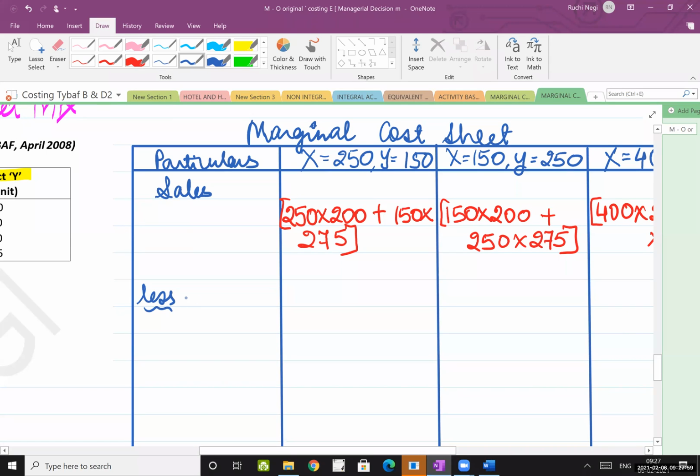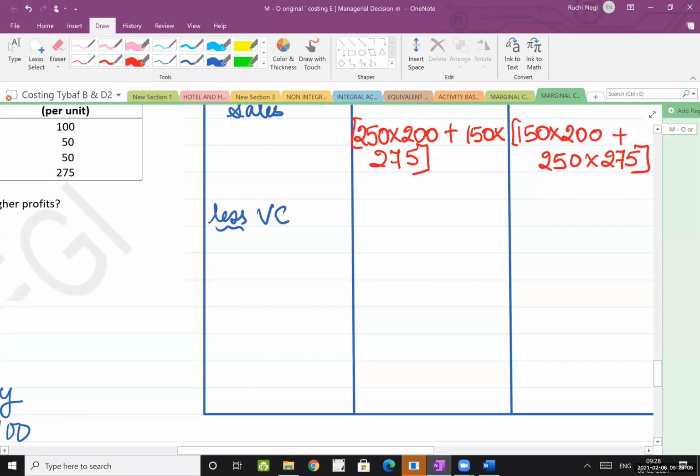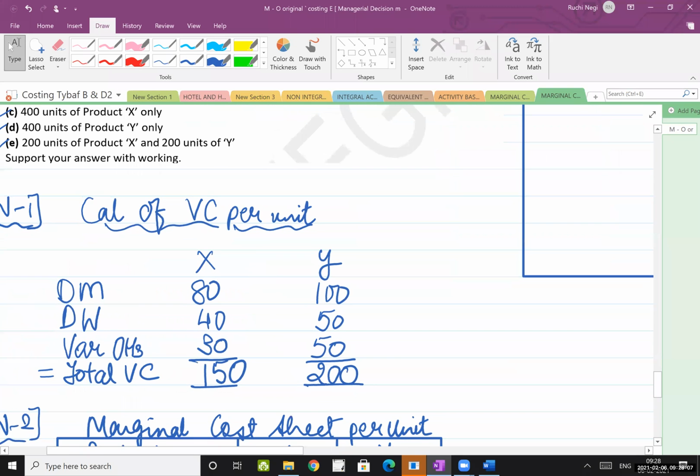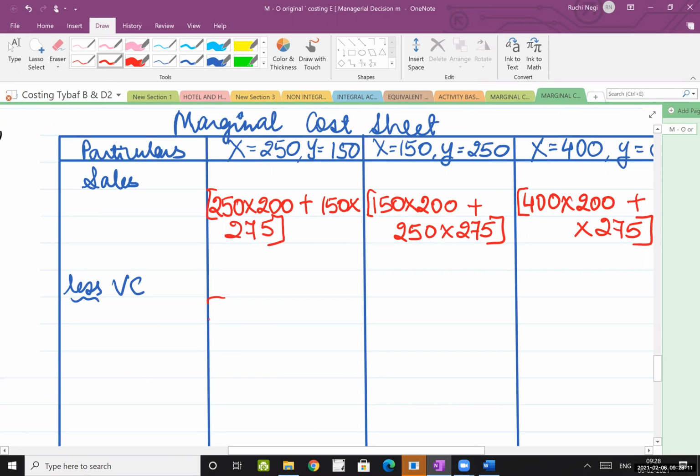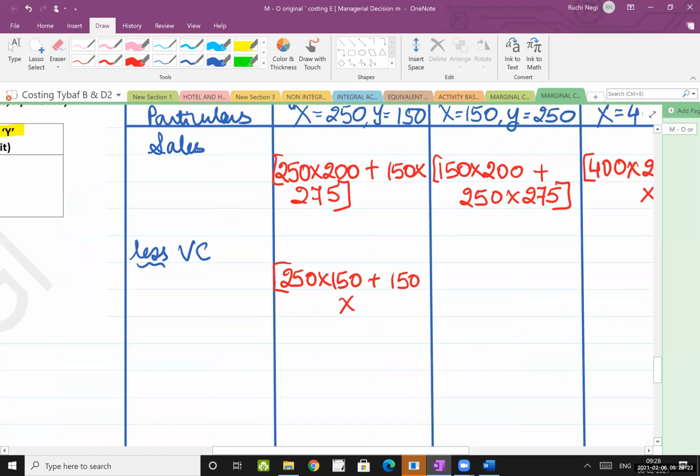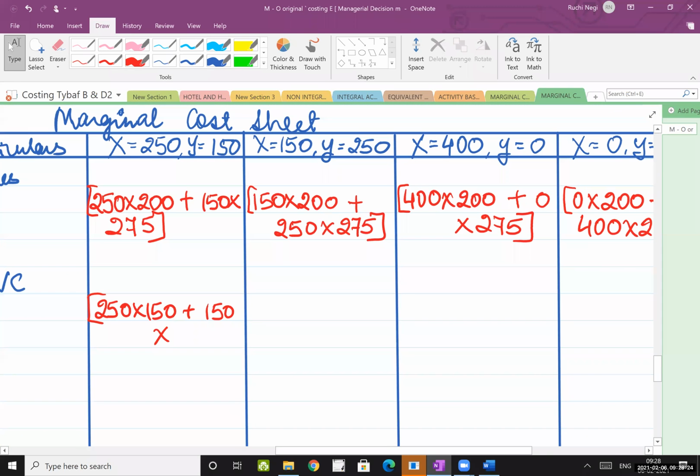Just write this and keep less variable cost. Now calculate your variable cost. So variable cost is how much? We just calculated 150 and 200. So 250 is the quantity multiplied with 150 rate plus 150 is the quantity multiplied with 200 rate.